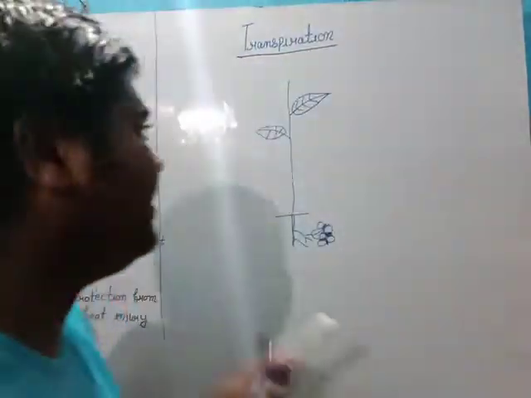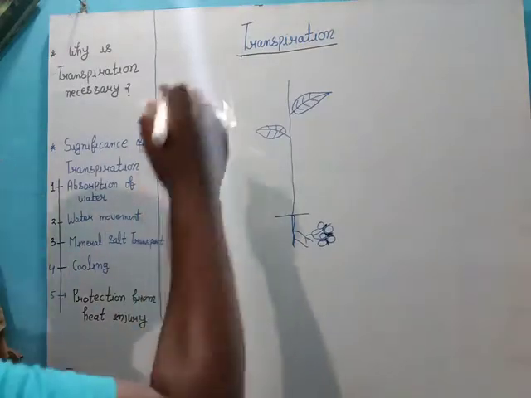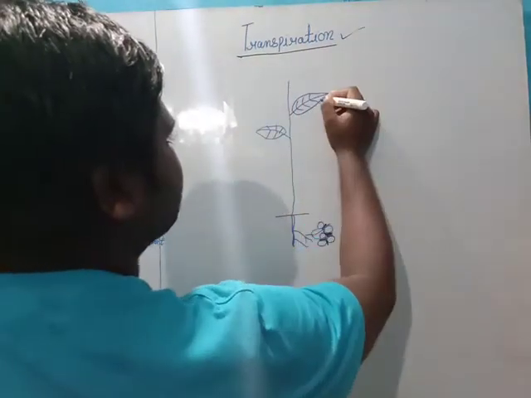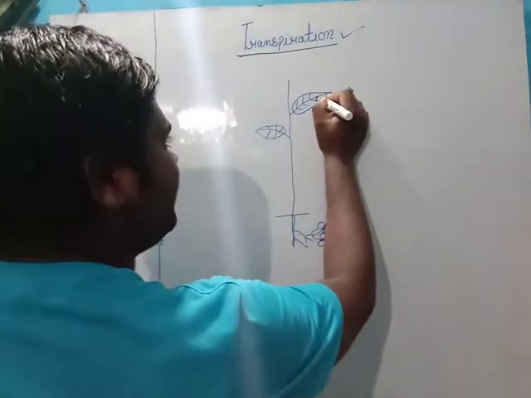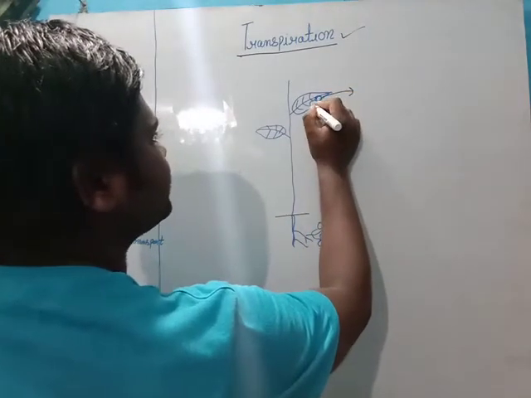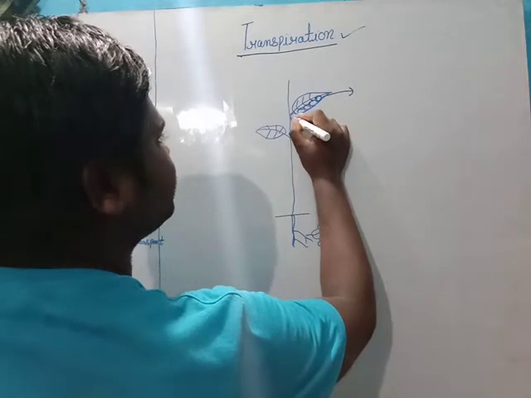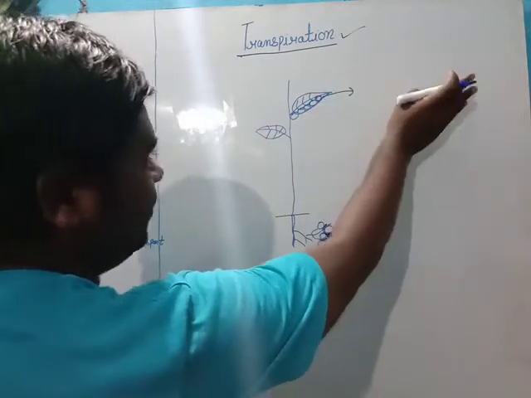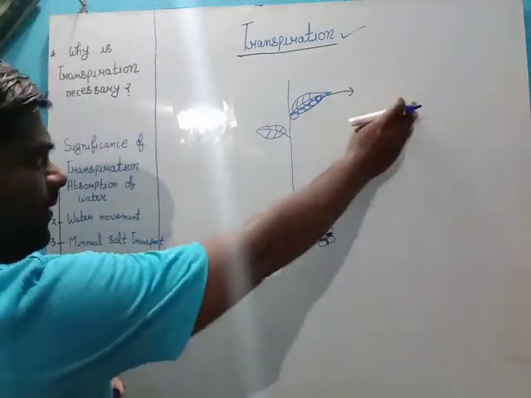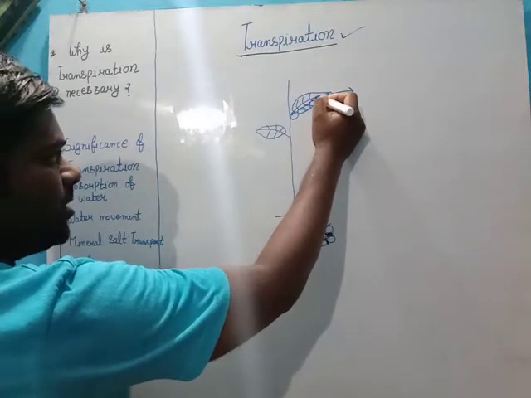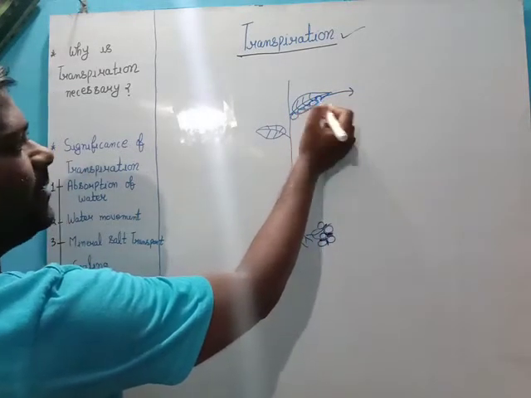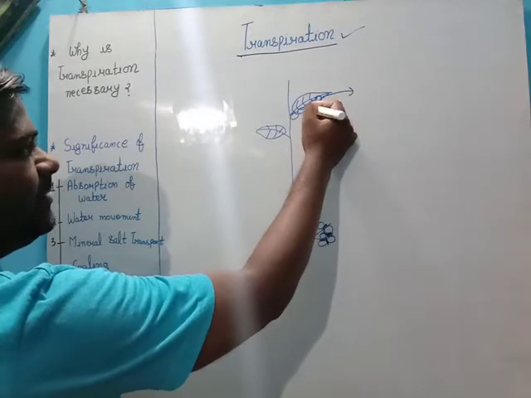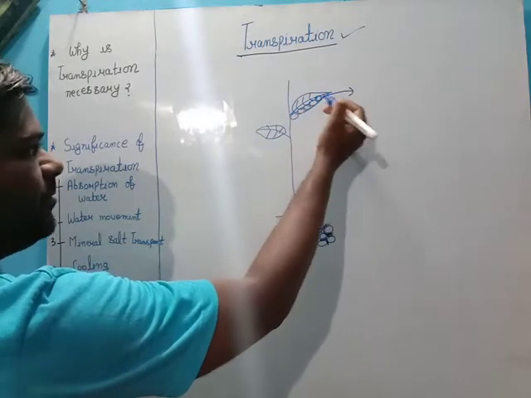So whenever we have transpiration, understand, water is moving out. Suppose if here water is moved out, these are the cells. So when water is moving out, the loss of water from here is compensated by this cell. Same way in this one also, same way in this one also.